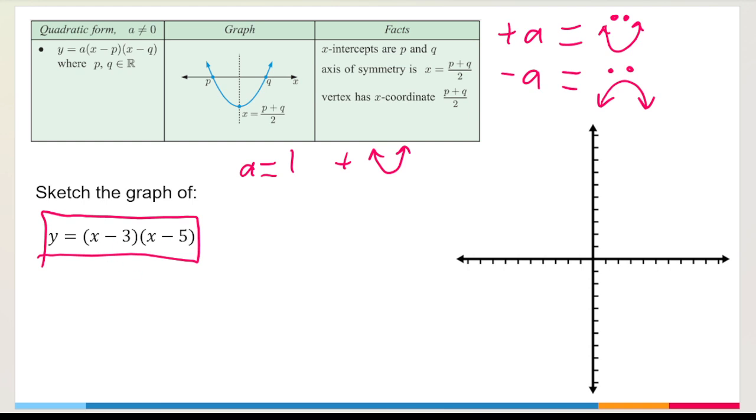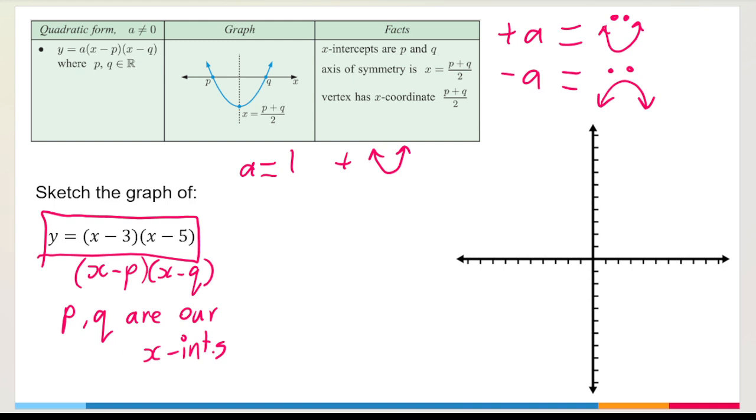Now we need to look at the x-intercepts. And again, this is going back to null factor law, but we can also think about it as x take p and x take q, where p and q are our x-intercepts. So based on that, if we go across to our graph, we can see that our first intercept is at positive 3, and our second intercept is at positive 5.